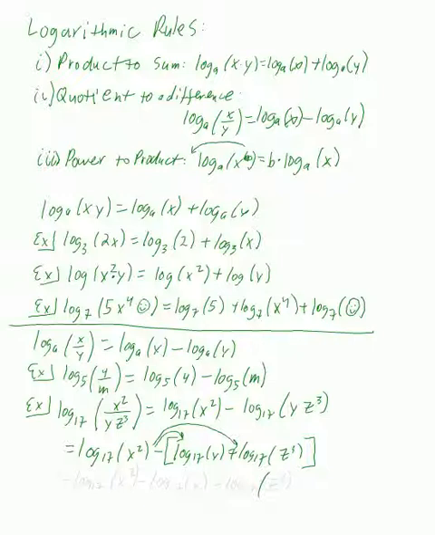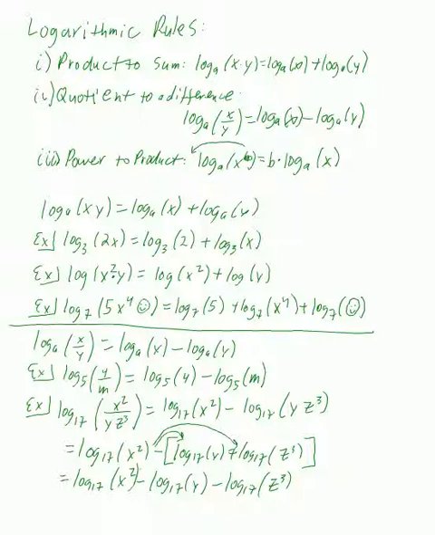However, you'll notice I have to distribute the negative, or the negative 1, to both pieces to give me an answer of log base 17 of x squared minus log base 17 of y minus log base 17 of z to the third power. And you'll note that I have subtraction for both the y base as well as the z base. I have a positive log base 17 of x squared minus log base 17 of y minus log base 17 of z to the third.